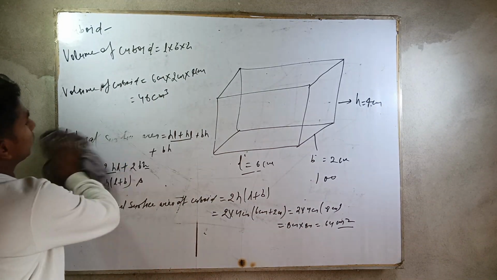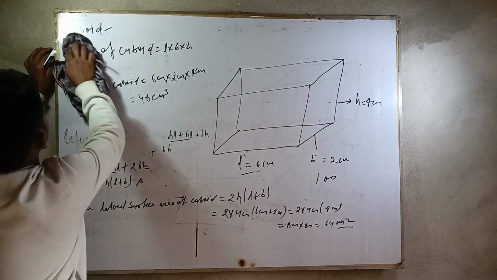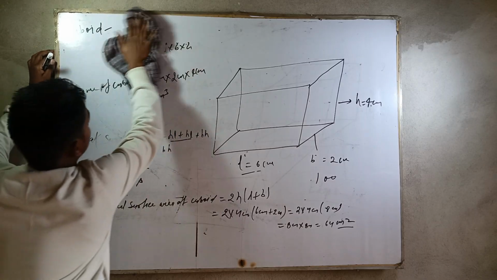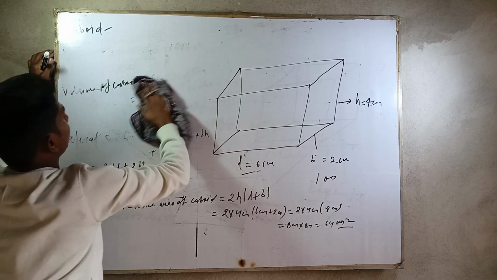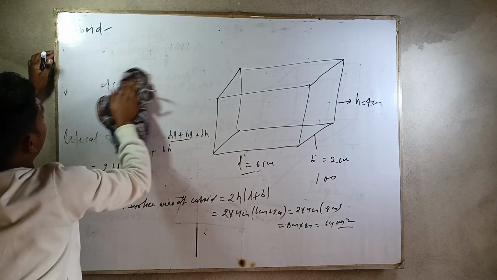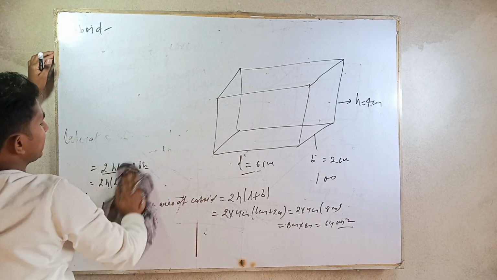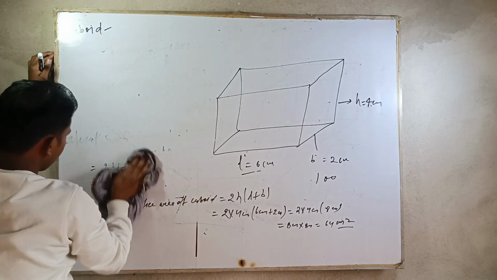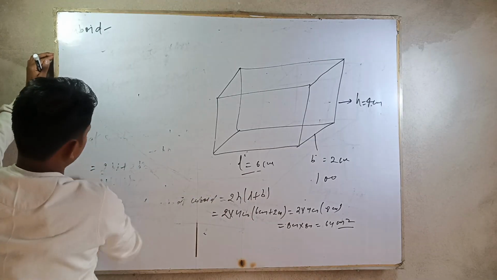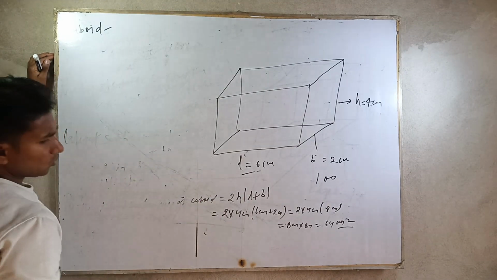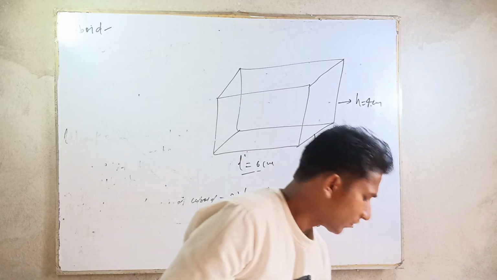Next one is total surface area. So how will I find the total surface area of a cuboid? Total surface area means I need to find out each and every figure.